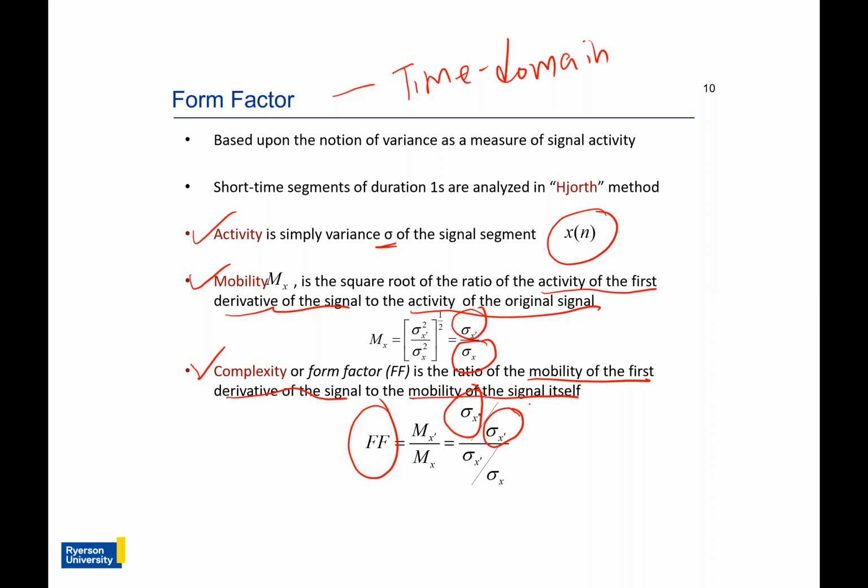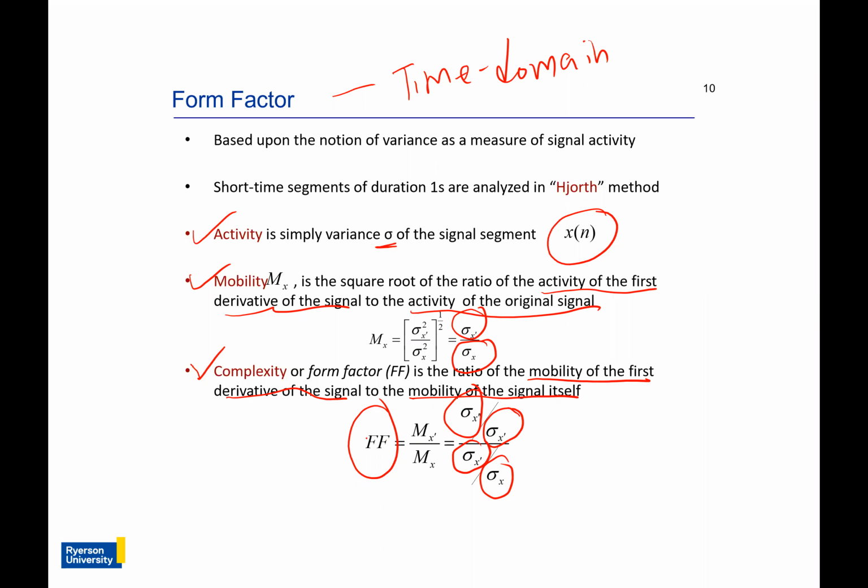Then the mobility of the signal itself has, as we know, the activity of the first derivative divided by the activity of the signal itself. So we have these four quantities which define the complexity, or form factor, of the signal. Very simple.